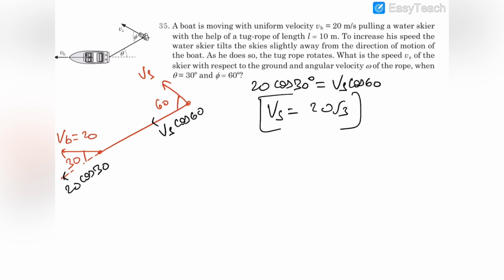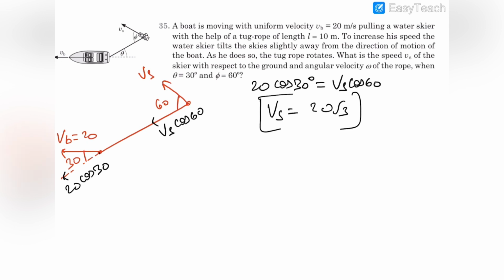Now we have to find out omega. So let us see that both these two points are moving. To find out the angular velocity omega, this point has a velocity in this direction and this point has a velocity in this direction.